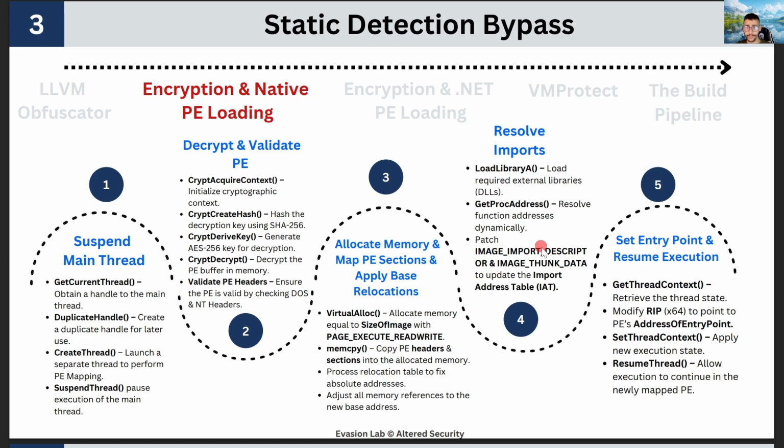At this point, the PE is loaded into memory, but it cannot yet execute because it depends on external system functions. This is where resolving imports comes into play. We will call LoadLibraryA to load the required external libraries that this PE is using and depends on.